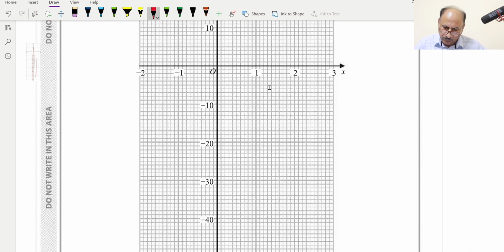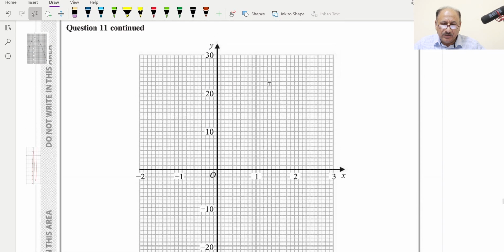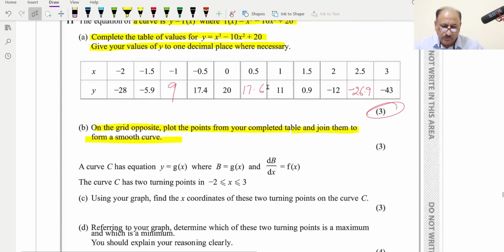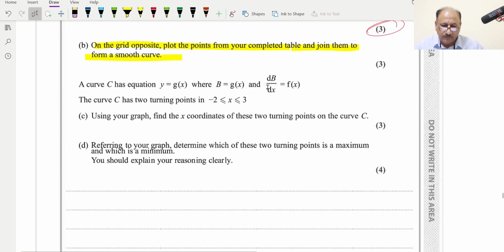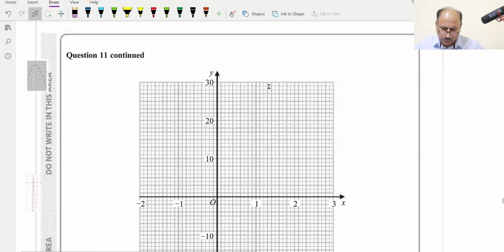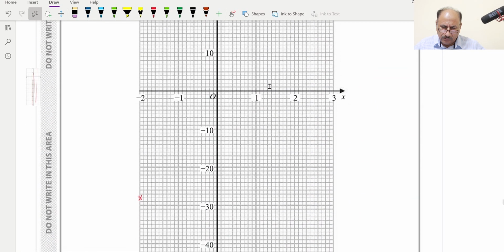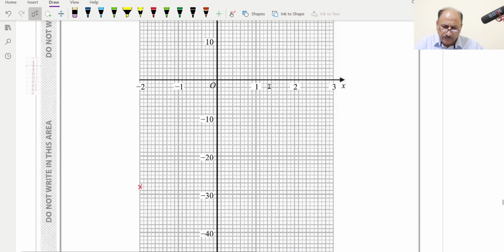The next point is minus 1.5 and minus 5.9.